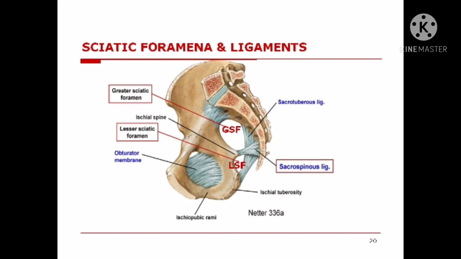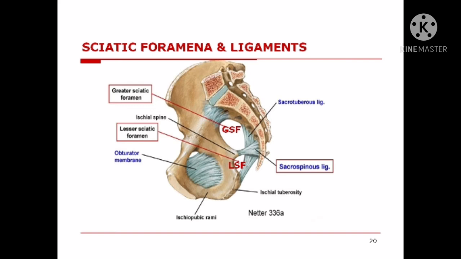Sacrospinous ligaments arise from the sacrum and insert upon the ischial spine. So the area above the ischial spine, above the sacrospinous ligament, is called the greater sciatic foramen, and below the spine of the ischium up to the tuberosity is the lesser sciatic foramen.